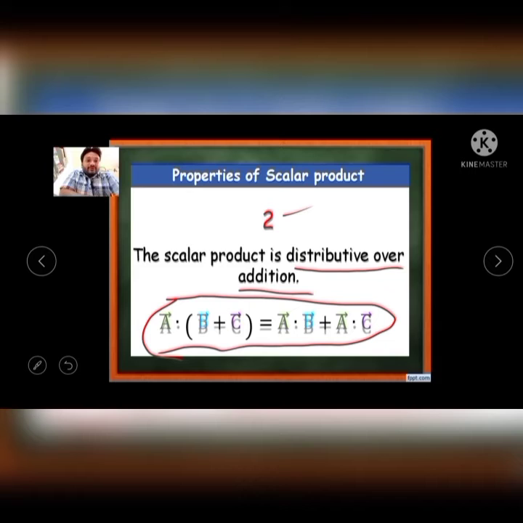The dot product between vector A and the sum of vectors B plus C is equal to the dot product between vector A and B plus the dot product between vector A and C. This is the distributive property of the scalar product, which means that the scalar or dot product obeys the distributive property.